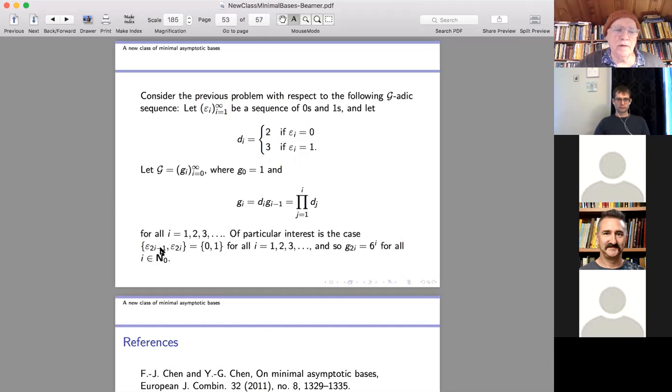Suppose you take epsilon_1, epsilon_2, or epsilon_13, epsilon_14, you have exactly a 0 and a 1. So that means that you have a number, and if the next number is 2 times that, the one after that is 3 times that. So g_{2i} is 6 to the i. And how do you get from 6 to the i to 6 to the i plus 1? Well, you multiply either by 2 and then 3, or by 3 and then 2. And that's a really interesting sequence.